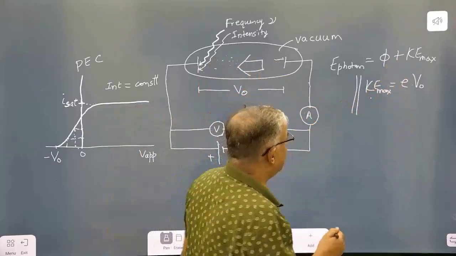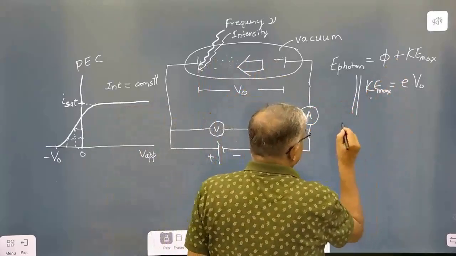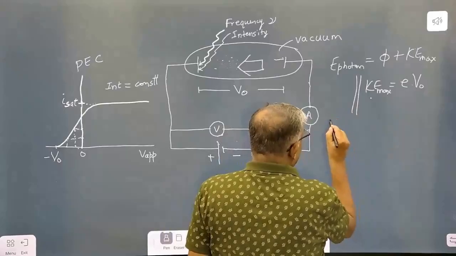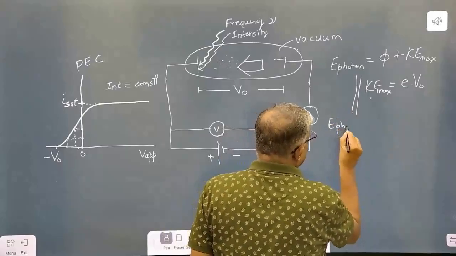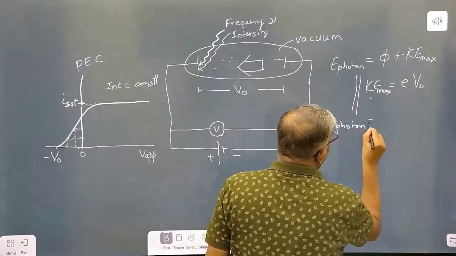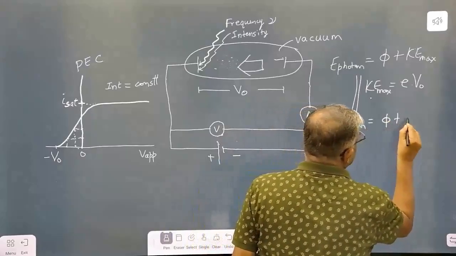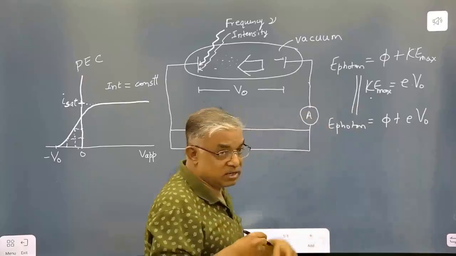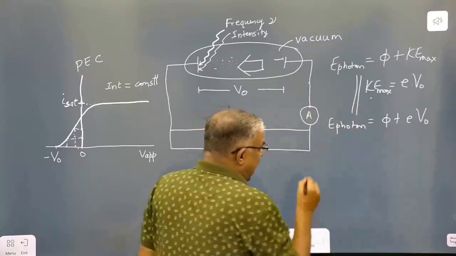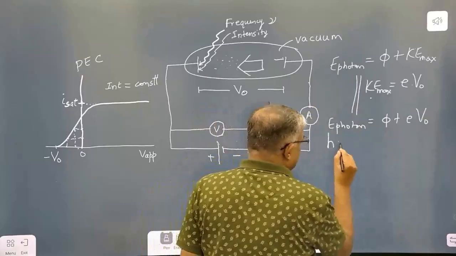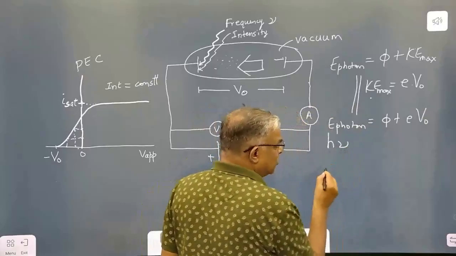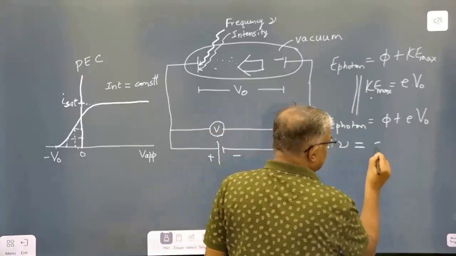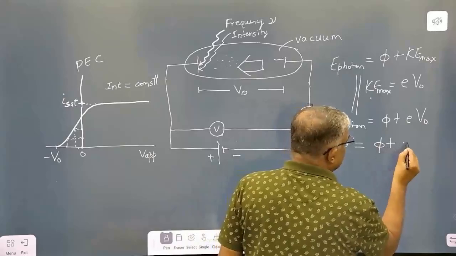So this equation now can be written as energy of the photon equal to work function plus e into V0. Now here, energy of the photon is represented by E equal to h nu. So h nu equal to phi plus e times V0.